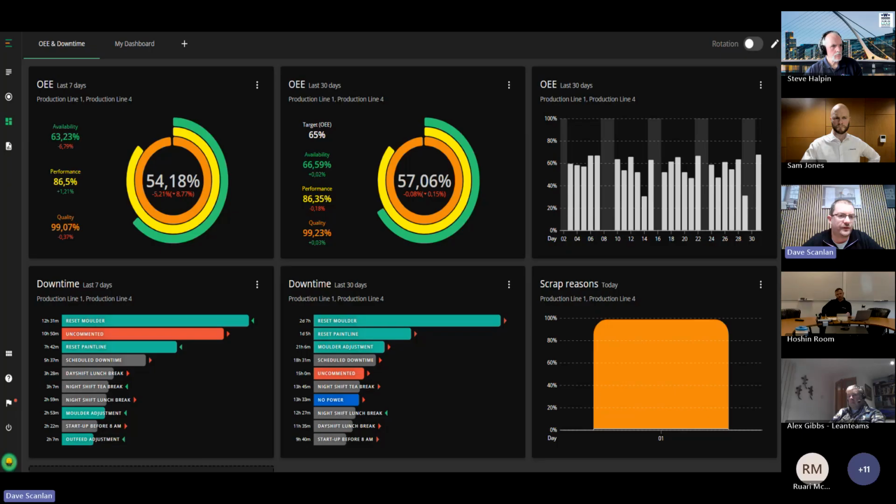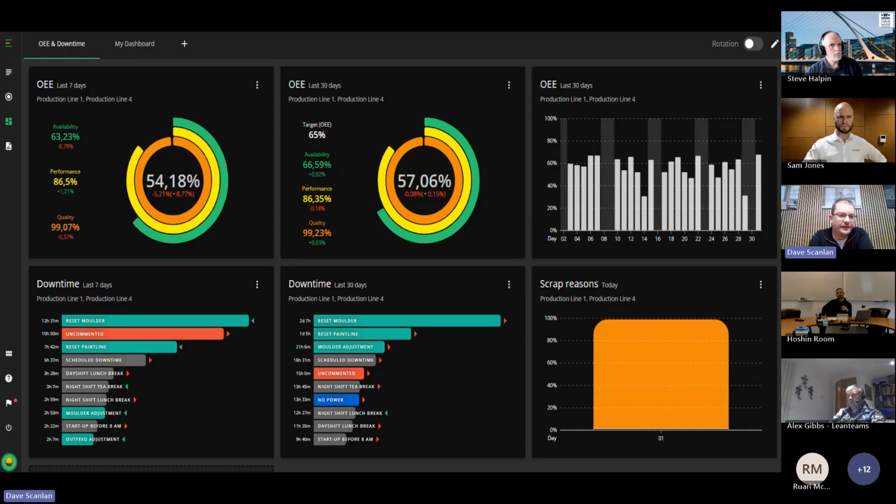But of that 63%, we performed 86.5% of our target speed, which is kind of reasonable. And in that performance, 99.07% was good quality product. So there are 3 measures that we spoke about, but one of ours is quite a problem, and that is the availability.